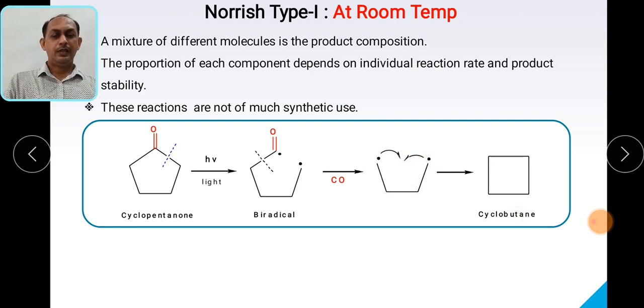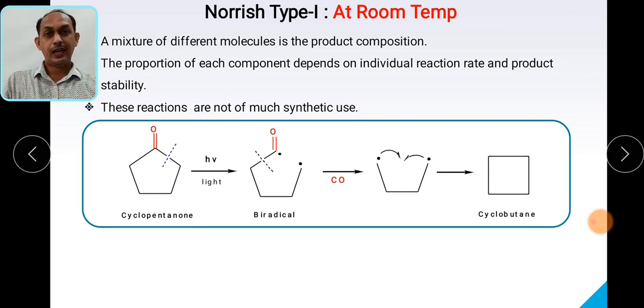So in the case of cyclic compounds, you have started with a 5 carbon ketone and ended with a 4 carbon cycloalkane. So cyclic compounds give cyclic compounds only, with one carbon less.